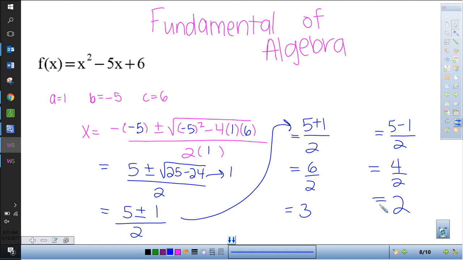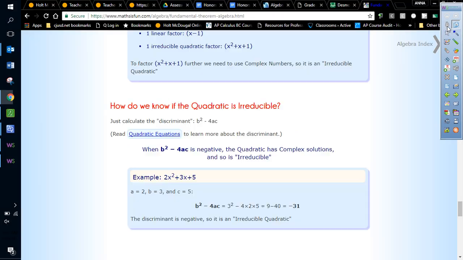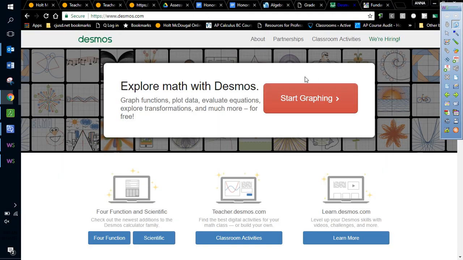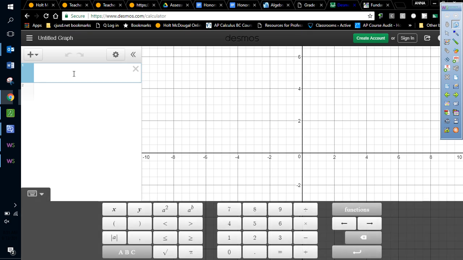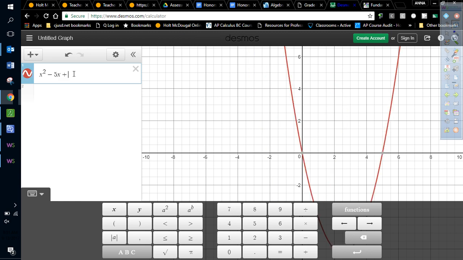But what are solutions to a quadratic? We're going to go ahead and take a look at the graph of this quadratic. So I'm going to use Desmos to just graph it so we can see how these numbers might relate to the picture. So I have f of x is x squared minus 5x plus 6.